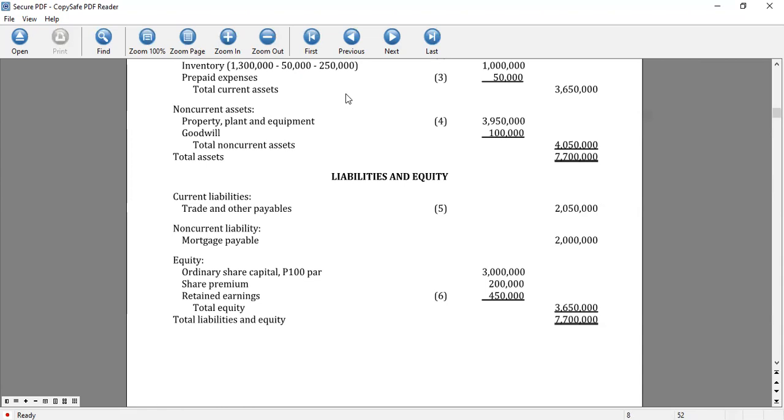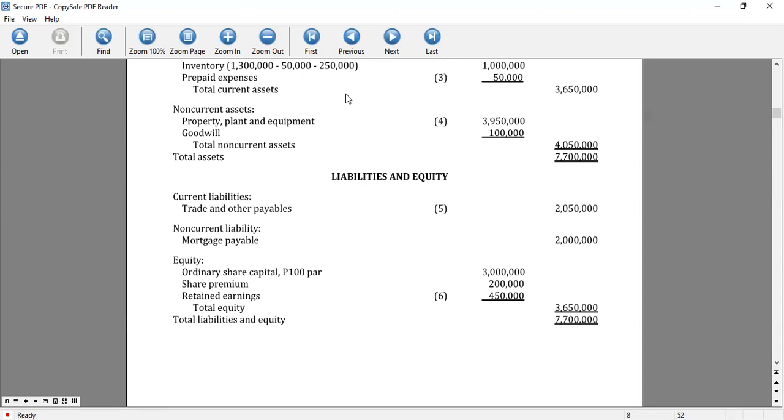So the company was organized in 2019 when 30,000 shares with par of 100 were issued in exchange for assets with fair value of 3.2 million.